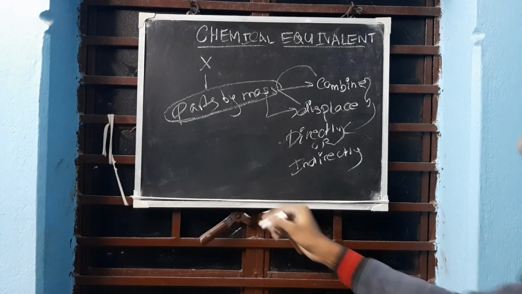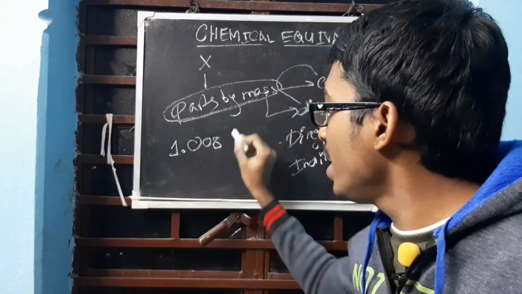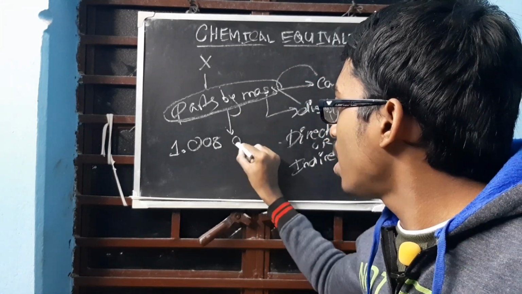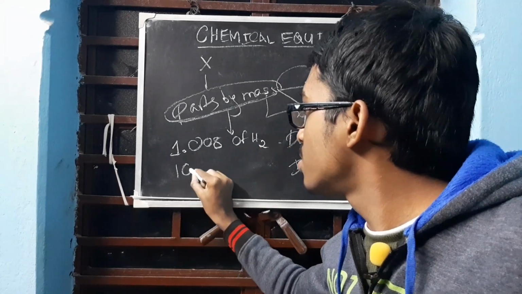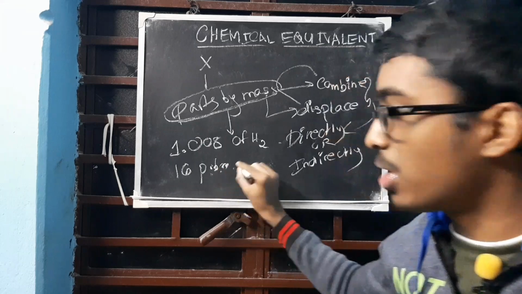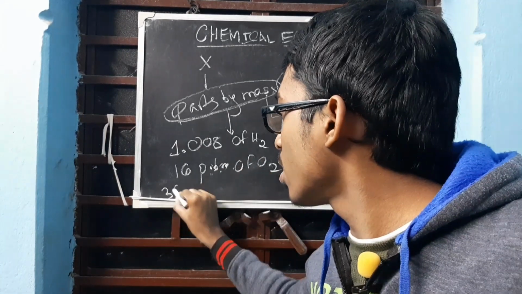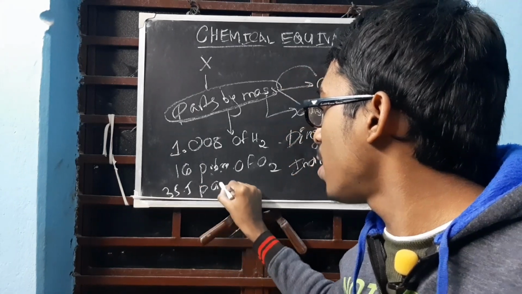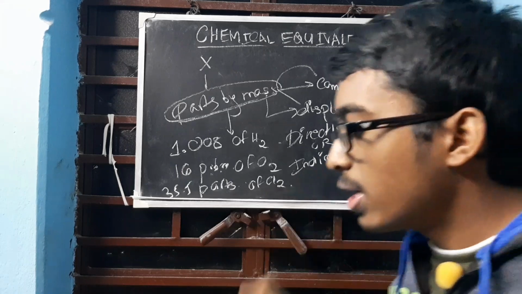What are they displacing? Either they are displacing 1.008 parts by mass of hydrogen or, I am writing in short, parts by mass of oxygen or 35.5 parts by mass of chlorine.